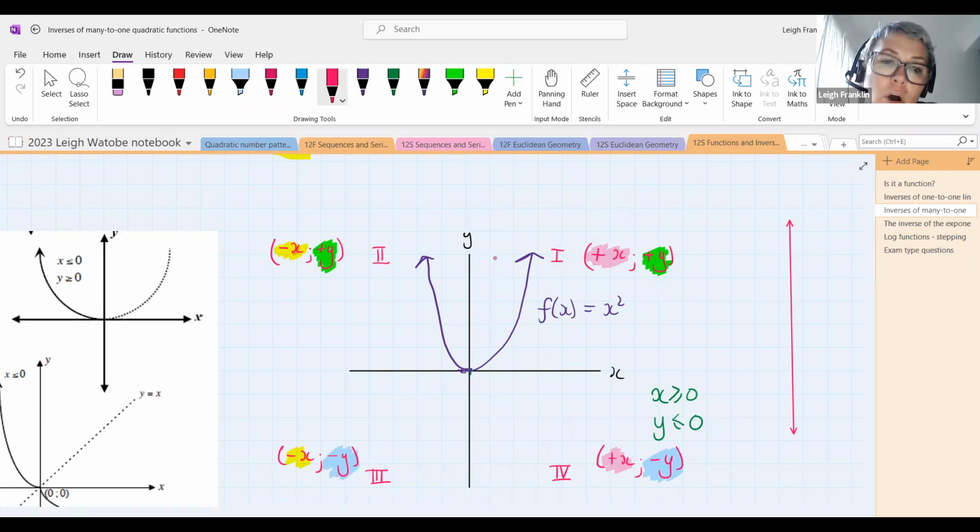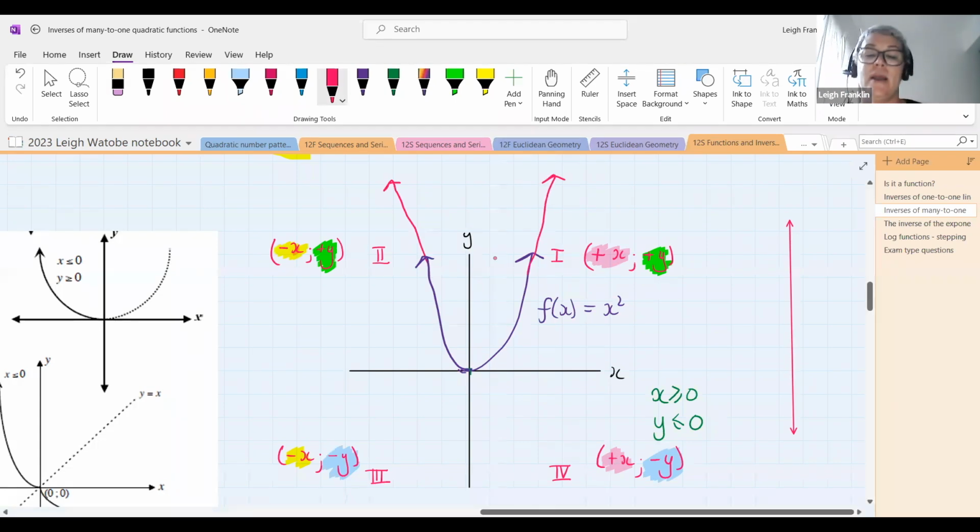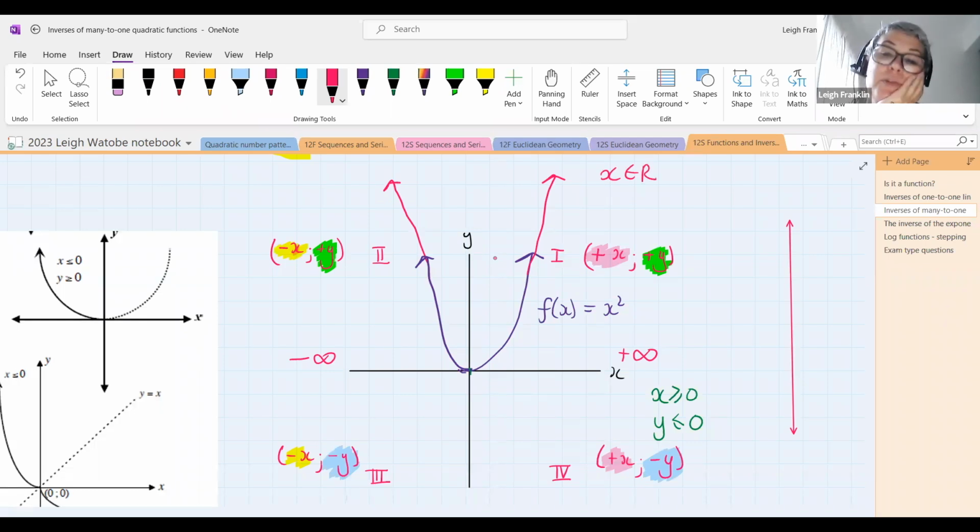This arm of the parabola here keeps getting wider and wider to the left. This arm over here keeps getting wider and wider to the right. So in essence, it is going to the left to negative infinity, and it's also going to the right to positive infinity. So as far as your domain is concerned, we would say that x is an element of the real numbers.